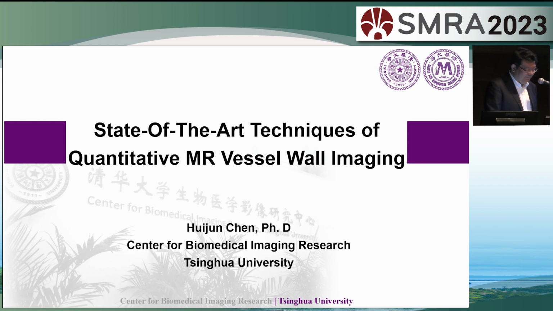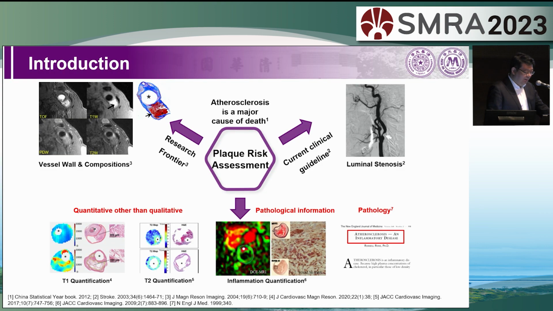Okay. Thanks for the introduction, and thanks for the invitation. Today my topic is state-of-the-art techniques for quantitative MR vessel wall imaging. Previously, Chen has introduced why we do vessel wall, so I just skipped that.